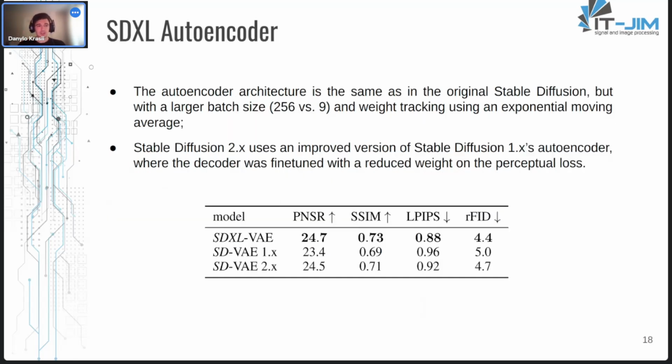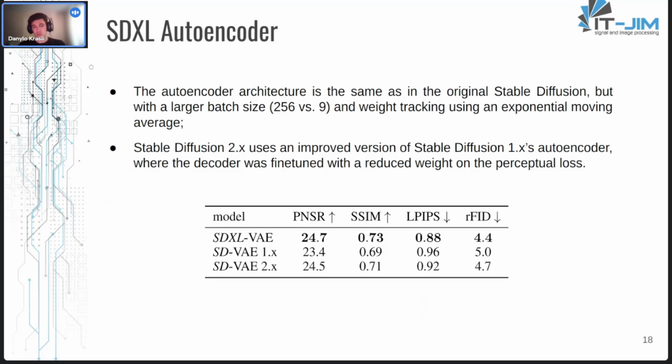Also, Stable Diffusion XL presented a new autoencoder. The autoencoder architecture is the same as in the original Stable Diffusion version 1, but with a much larger batch size, and also weight tracking using an exponential moving average.